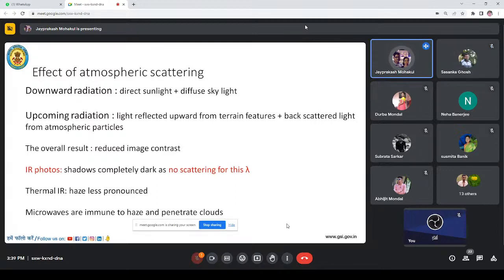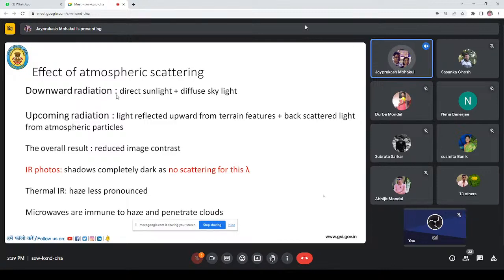There are certain aspects we'll be discussing about the effects of atmospheric scattering.